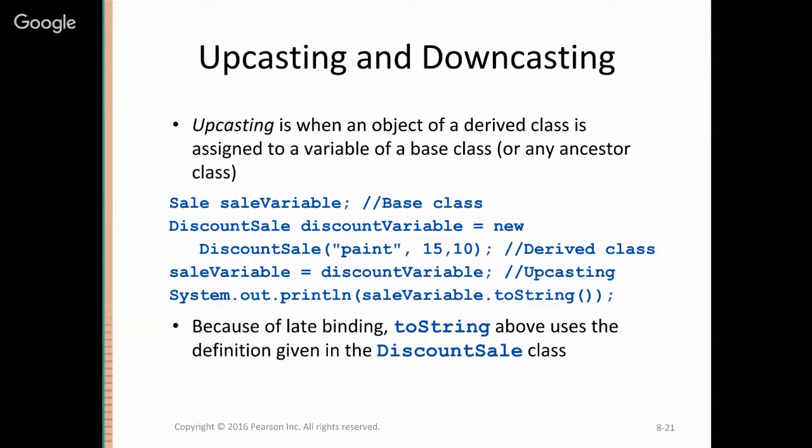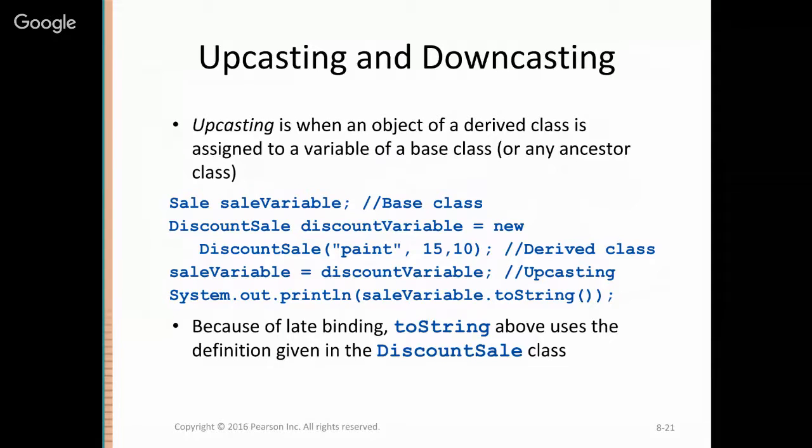Yes, it's okay because the derived class is more specific than the base class, so there will be no loss of data or anything like that. Upcasting generally works without any problem. So it should be no problem to cast the discount sale to a sale class if that's necessary. This would be upcasting, from derived to base.